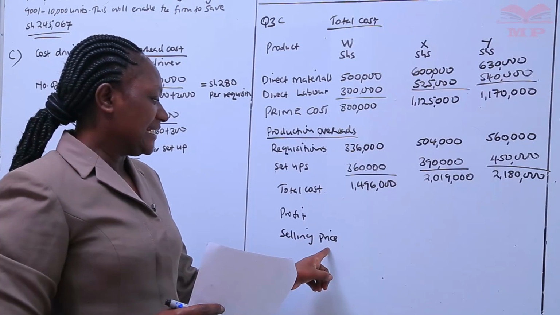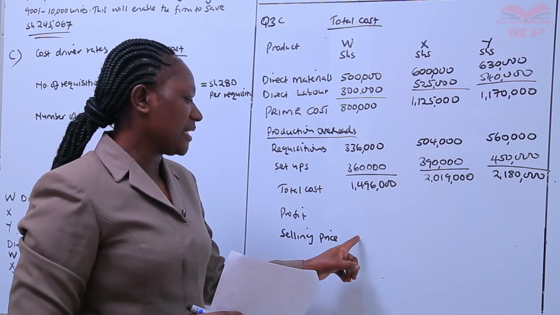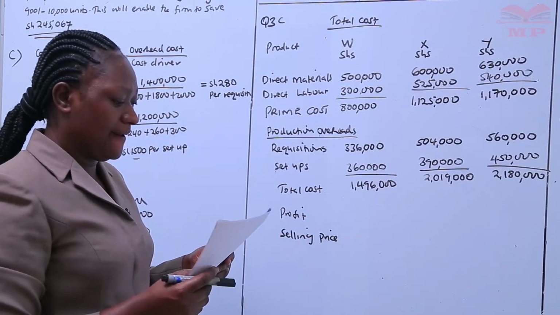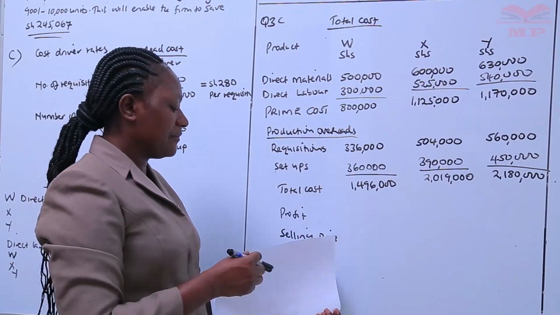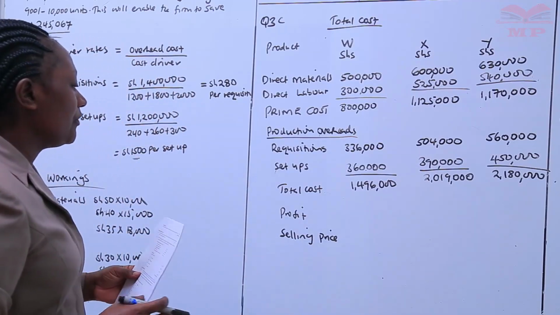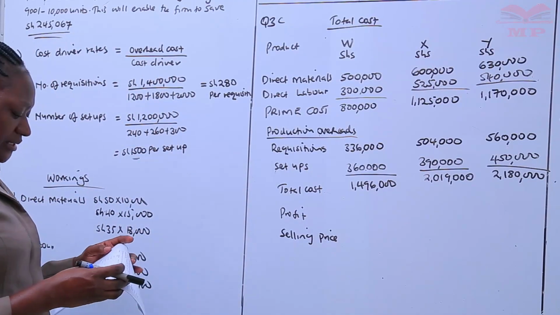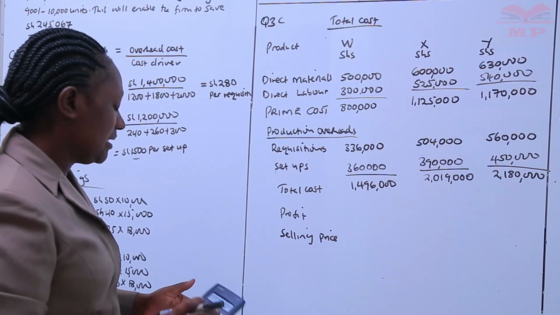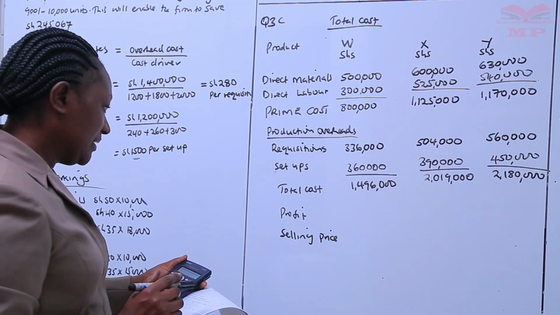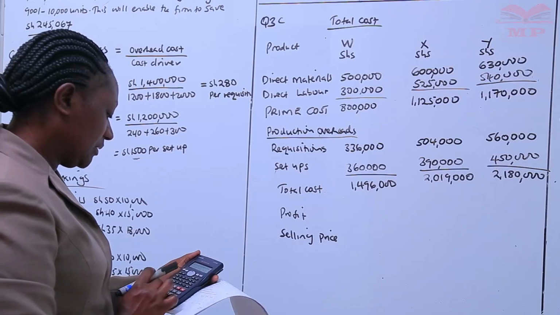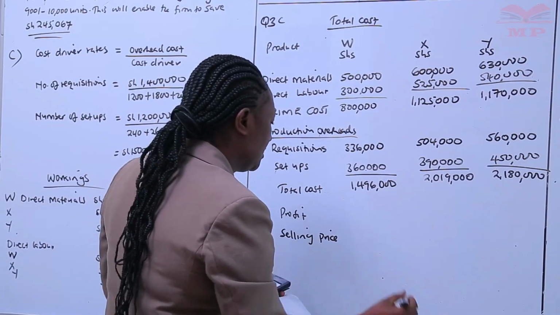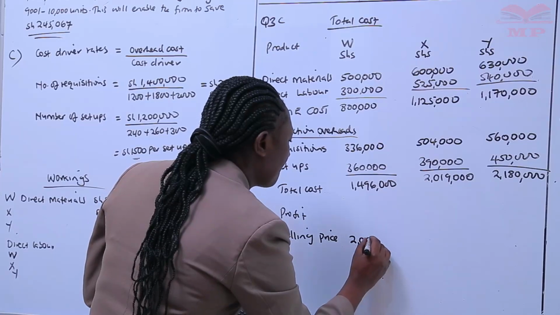And so we are calculating the selling price. Once we get the selling price, we will use that to get the profit. We were given the selling price, we know the number of units that were produced. So for W, the selling price was 200 shillings per unit, and the number of units produced was 10,000. So this will give us 2 million.